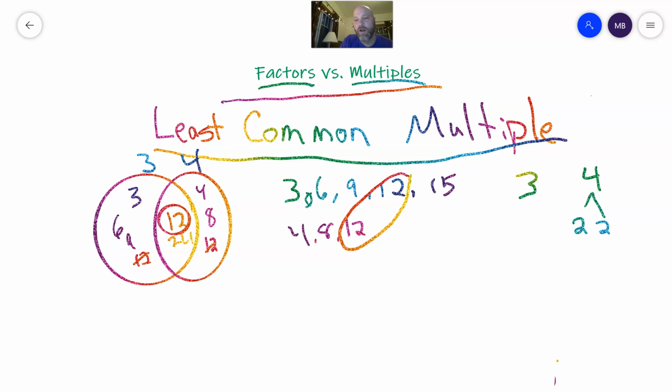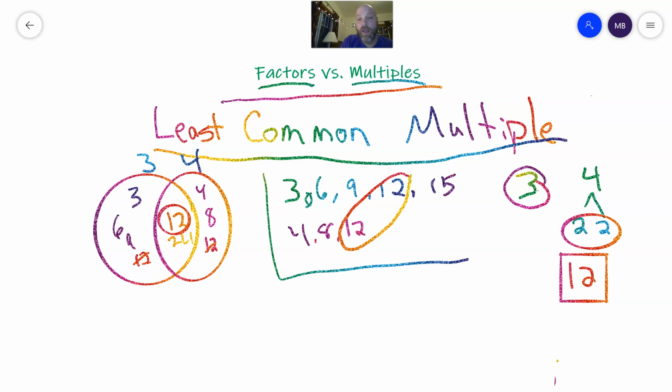So I'm going to take all the prime factors here, which are 2 and 2, and the prime factors here that don't overlap, and I'm going to multiply them together. 3 times 2 times 2. 3 times 2 is 6, times 2 is 12. So there it is again. It's kind of a fun and interesting way. You can do it that way.